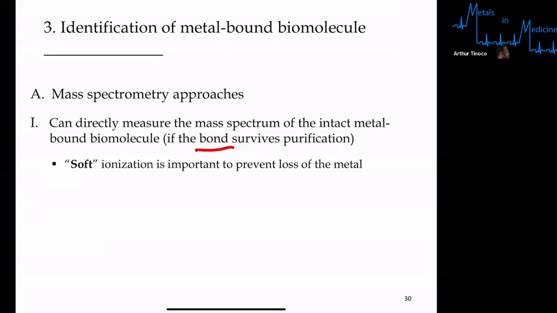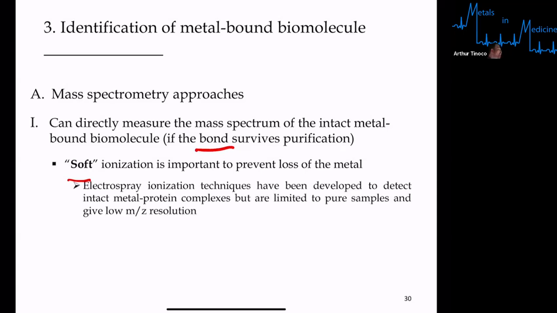So you use a mass spectrometry technique that relies on soft ionization. What do I mean by that? The intensity of the laser that you use needs to be soft enough that you preserve the coordination to the metal. Not all techniques have that capability. Some of the techniques result in fragmentation because of the ionization that you use.